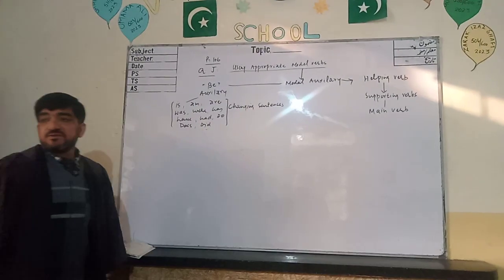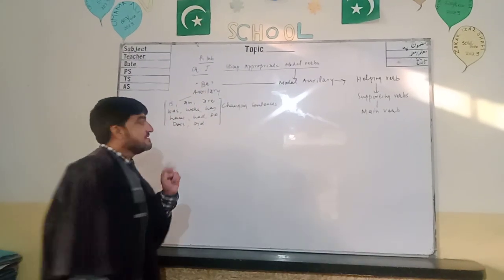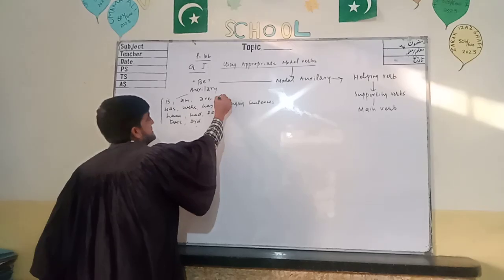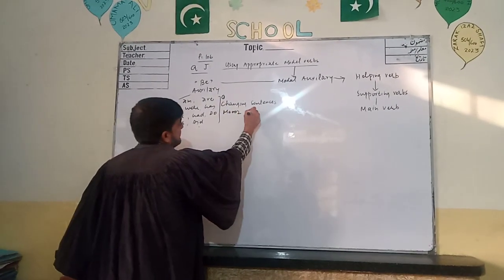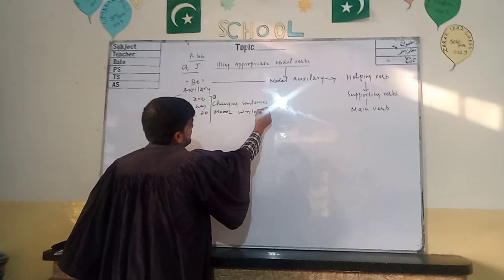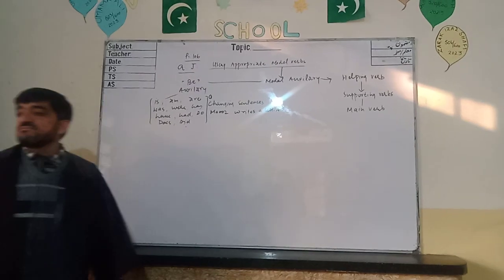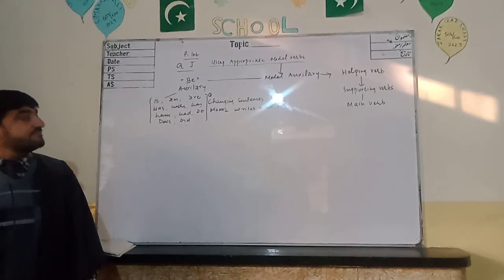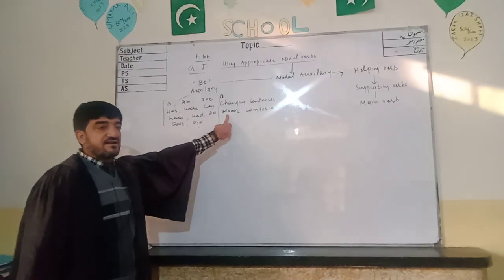The roles of auxiliary are two. One is that it changes the sentence. For example, if I say, Mouse writes a letter, and I have been asked to change this sentence from assertive to interrogative. It is assertive because the subject is there.